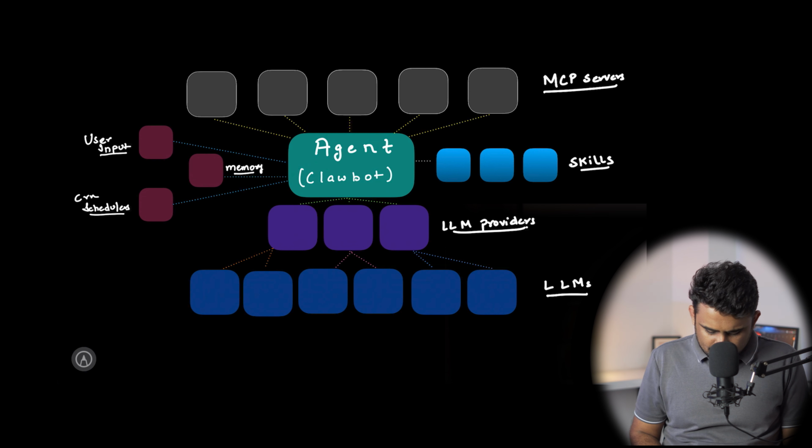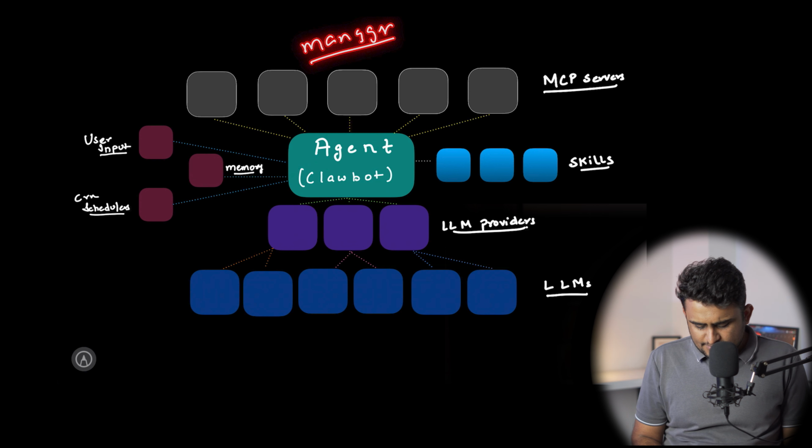Now let's understand what the architecture of Clawbot looks like. I want you to understand it in a very simplistic way and not get into the fancy parts of the technology, right? Let's see it. So think of Clawbot not as a brain, not as a very intelligent system, but like a manager.